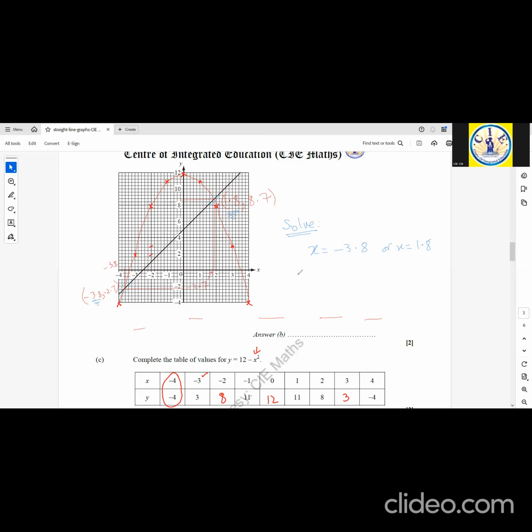But when it is required, as was the statement in this question, find the points of intersection, so these are the points, this one and this one. Okay.